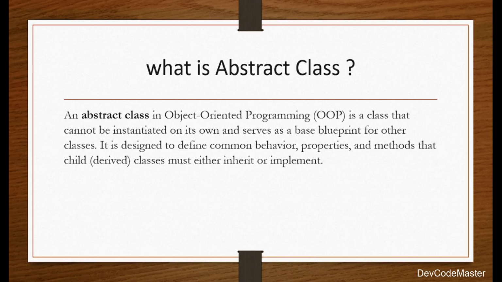Only private variables or properties cannot be accessed in the child class. The remaining public and protected variables and properties are accessible by the child class. The child class must implement the abstract method which comes from the abstract class, meaning the parent class.